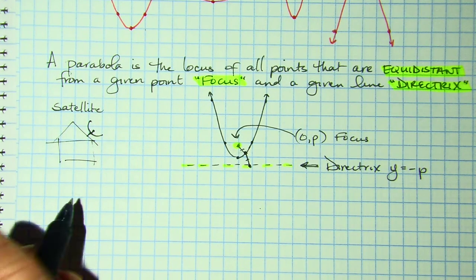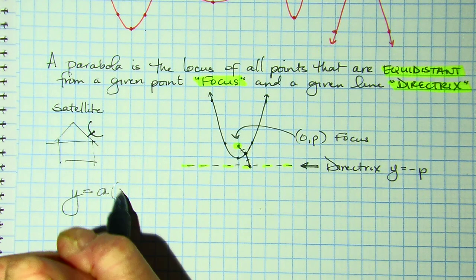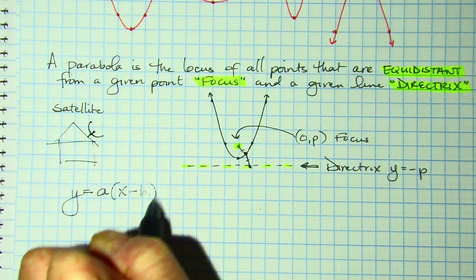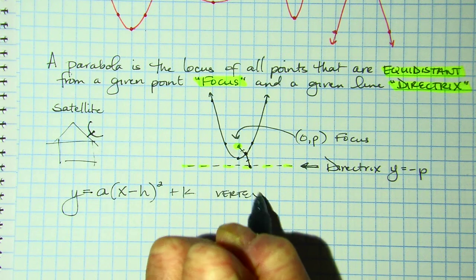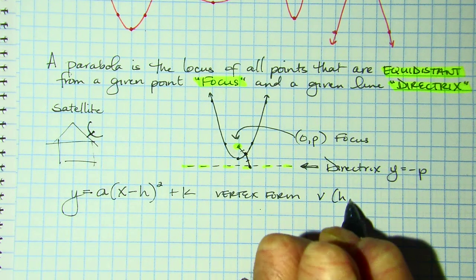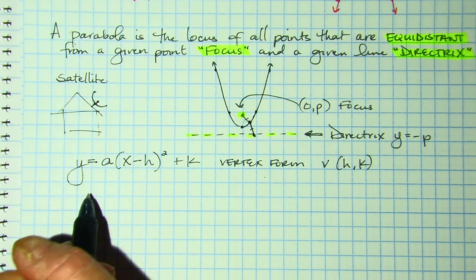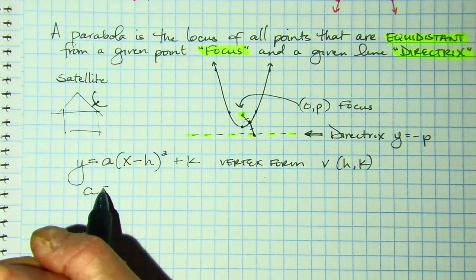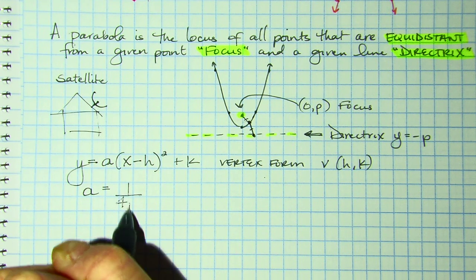So let's go over standard form or vertex form of a parabola is a times x minus h squared plus k. We call this vertex form because the vertex is at h comma k. Now, where does p come into place? Well, the value of a is equal to 1 divided by 4 times p.